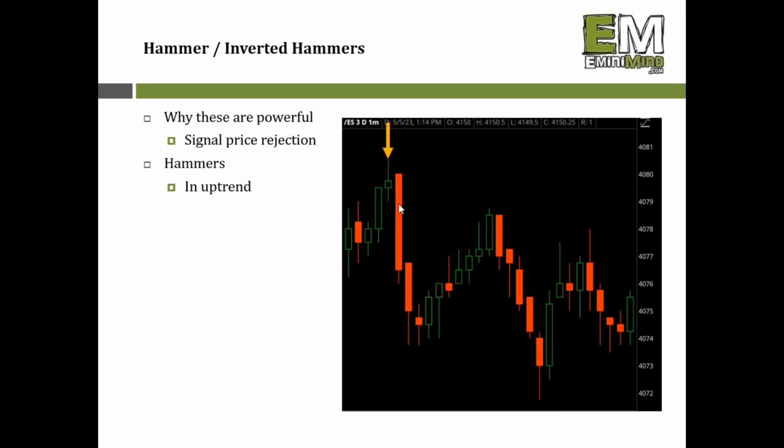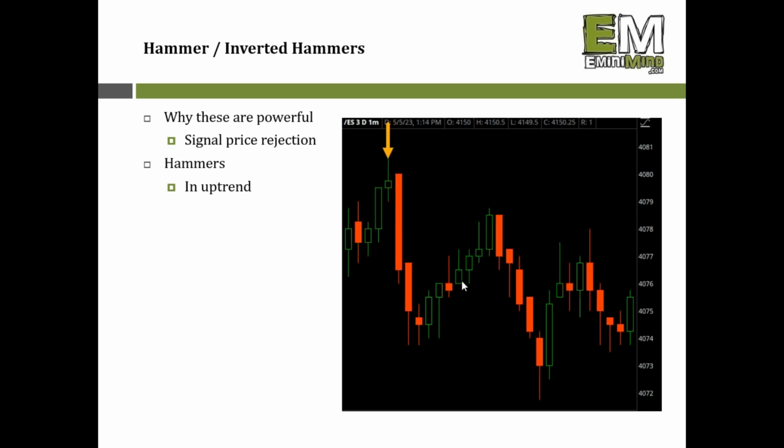This particular inverted hammer is an example where you've got a small body, but instead of that body being at the low of the candle, it's maybe a third up the candle. So it still qualifies. You've got another one over here with a long tail.